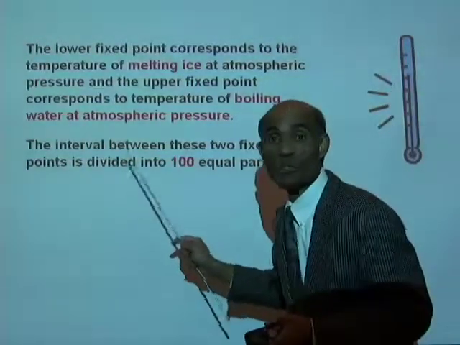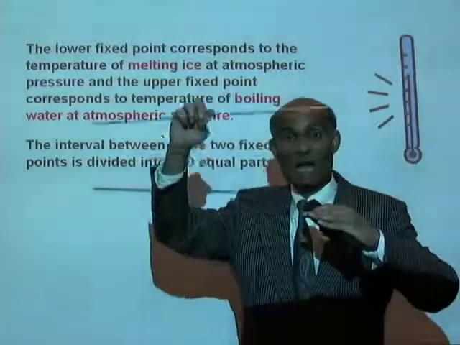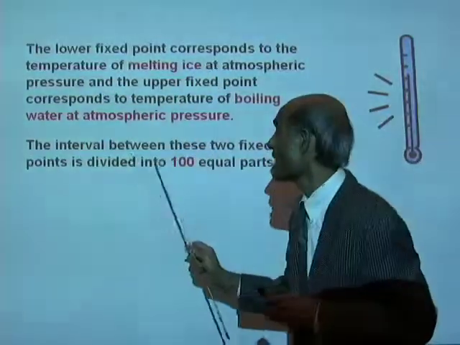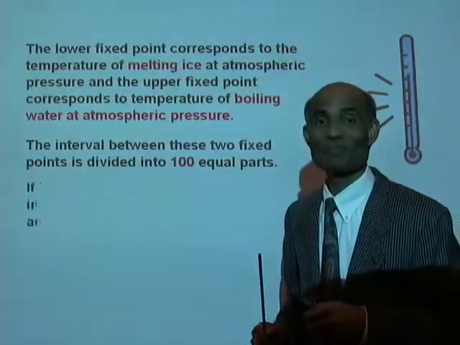In a Celsius thermometer, the interval between the lower and upper fixed points is divided into 100 equal parts.